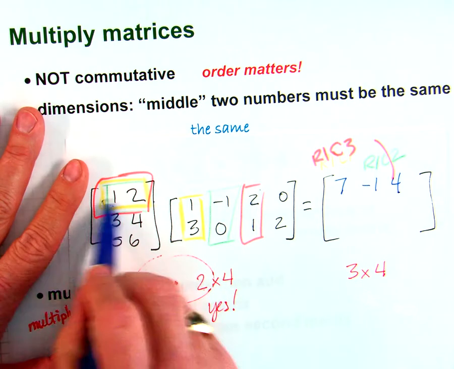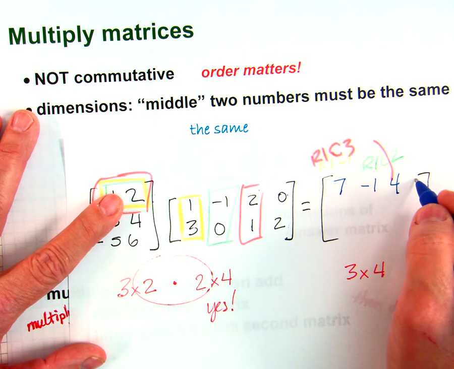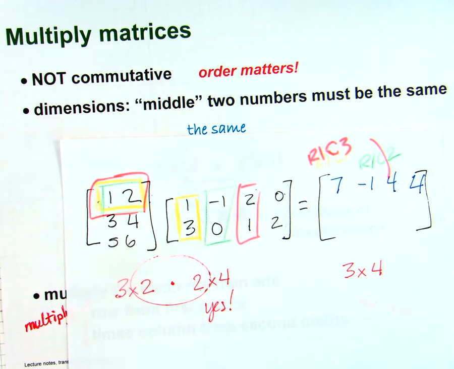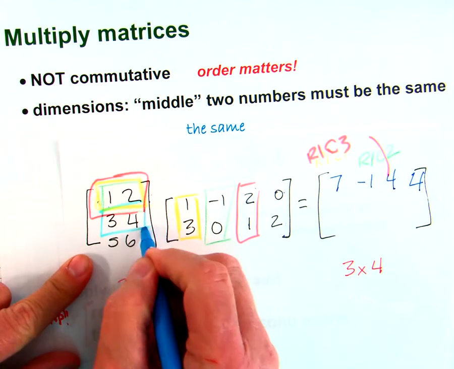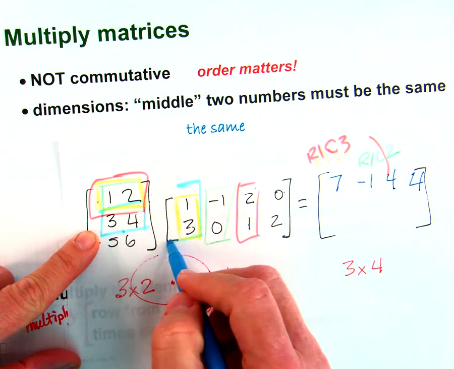Same for the next one. Row 1, column 4. 1 times 0 is 0. 2 times 2 is 4. We go on to the next row. You can see that this is a lot of fun. So now we'll do row 2 times column 1.